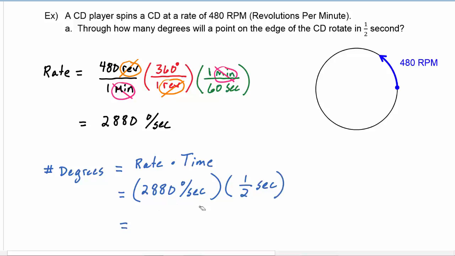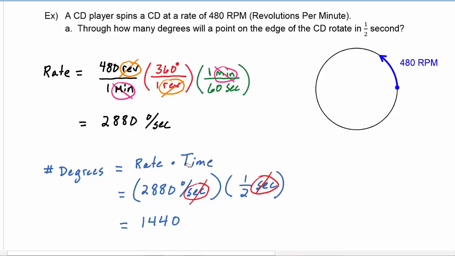Now, pretty easy multiplication to do. Half of 2,880 is going to be 1,440. And now let's take a look at the units. The seconds in the denominator here are going to cancel with the seconds, which are in the numerator there, right? This is seconds over 1.